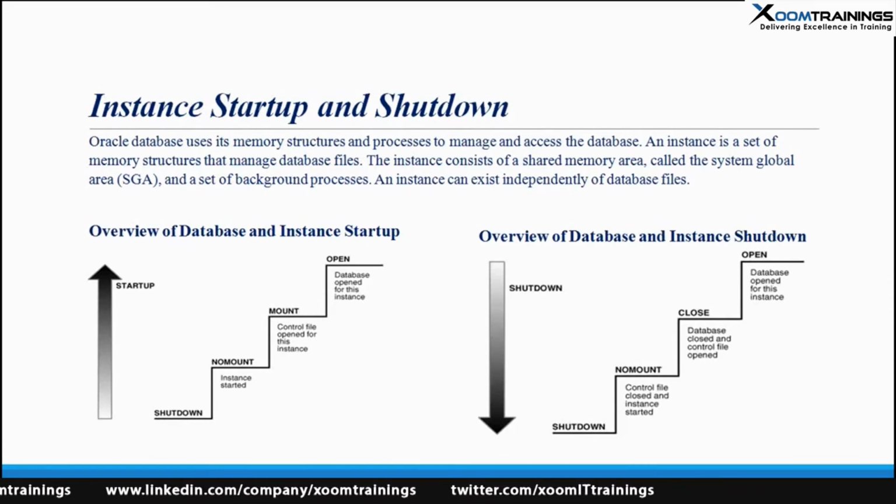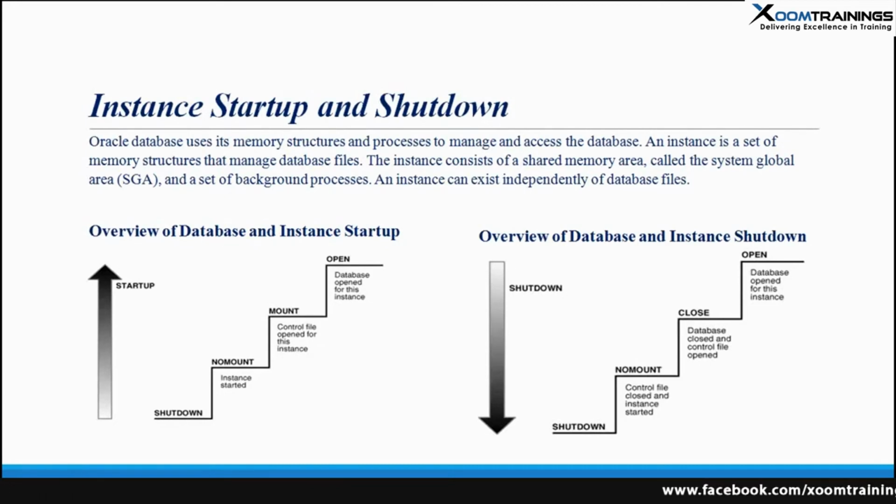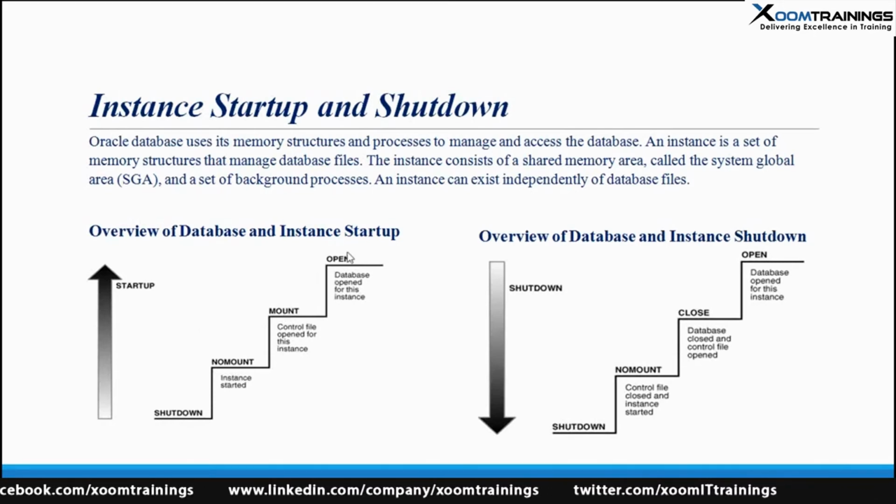In that stage, the database reads all the data files. It has a perfect understanding of where my data files are and what kind of data is there, and the database goes to the open stage. These steps happen like a series. If we use the startup command, we can see all these things: first the database started, mounted, and then opened, in the command line.